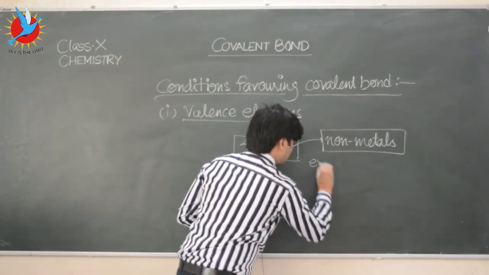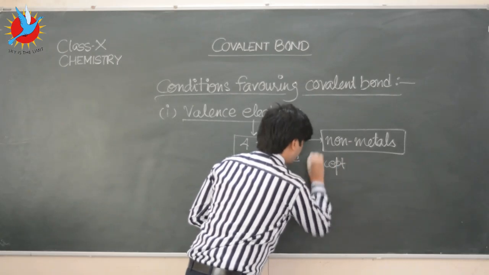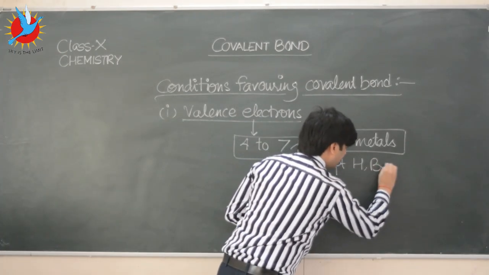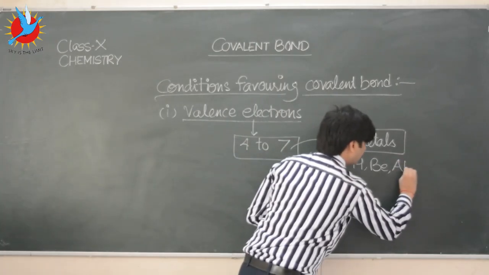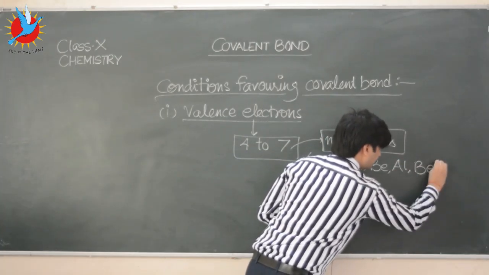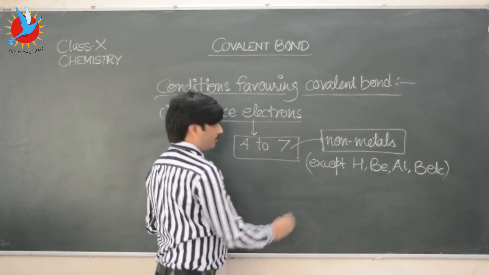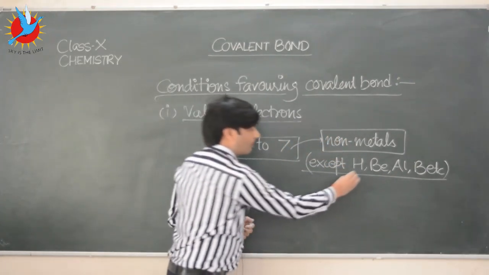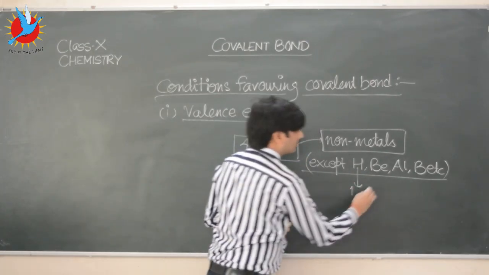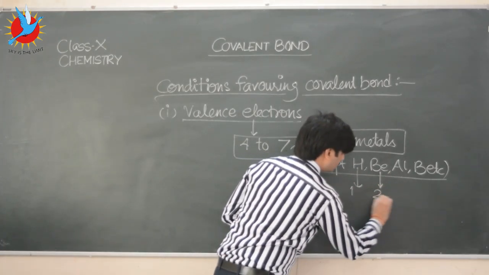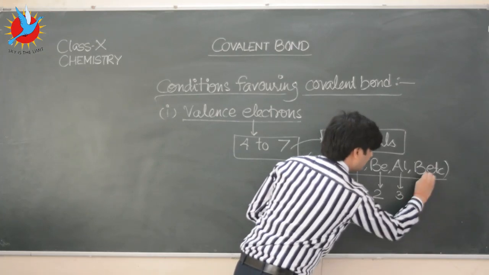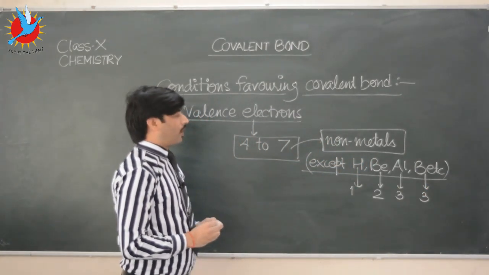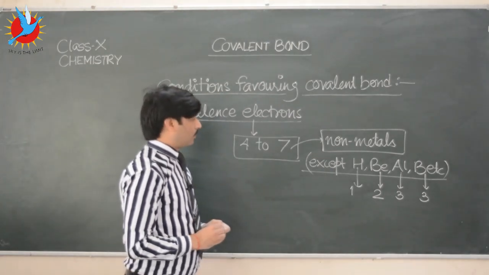We have some exceptional cases as well, for example hydrogen, beryllium, aluminium, boron, etc. Means they have 1, 2 and 3 outermost electrons, but they also form some covalent compounds.